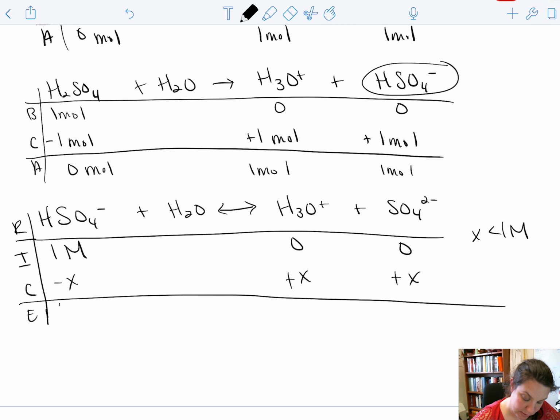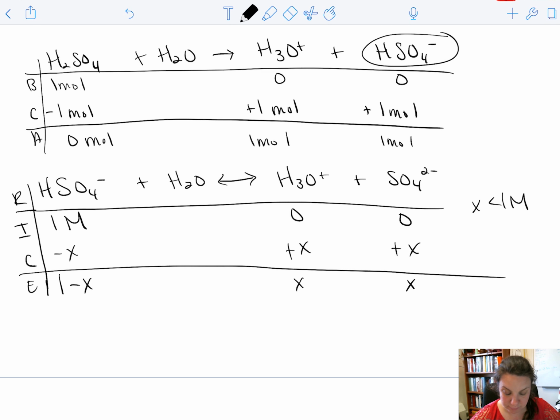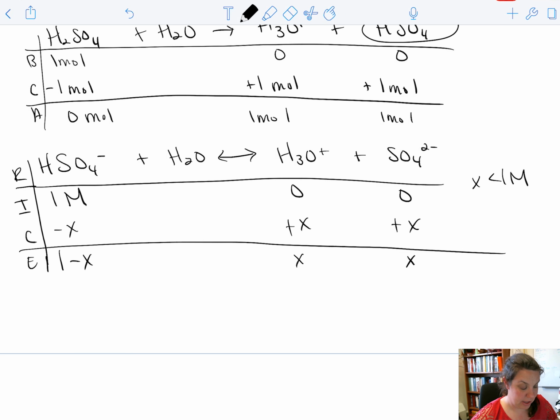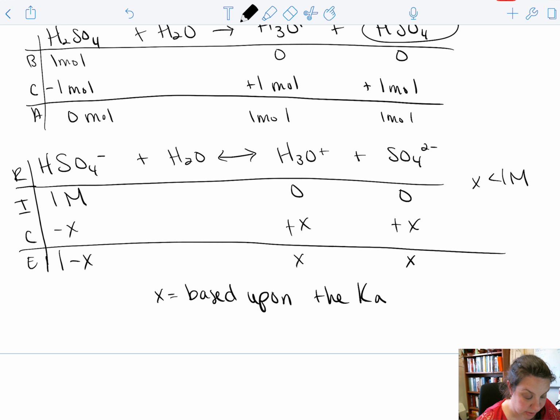And we'd end up with something like this, where we have less than 1 mole of that hydrogen sulfate breaking down to produce hydronium and sulfate ions. The X in this case is going to be based upon the Ka, or our dissociation constant, of HSO4 minus, which will be a set value.